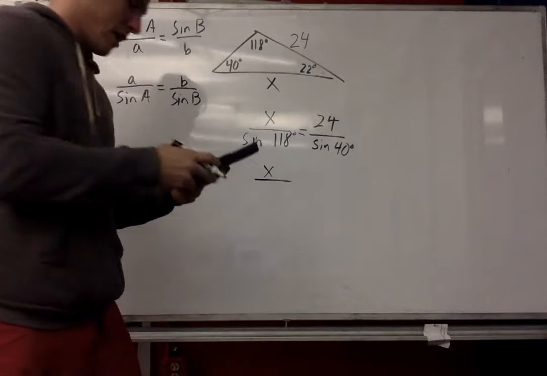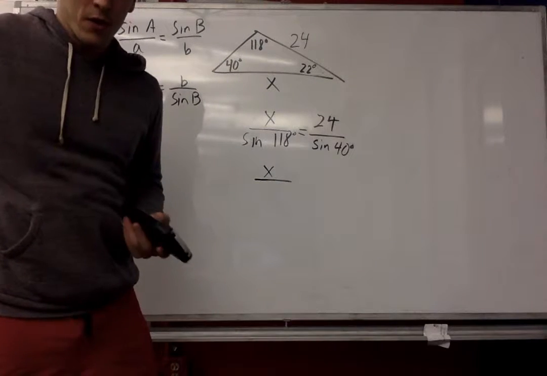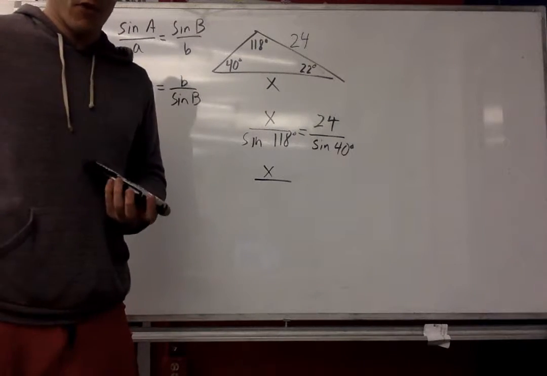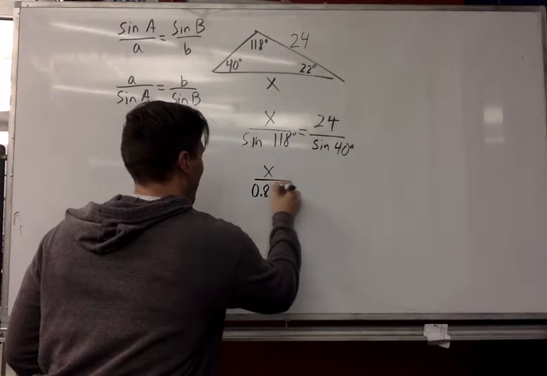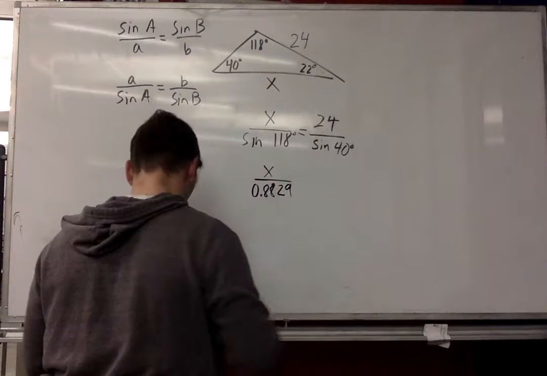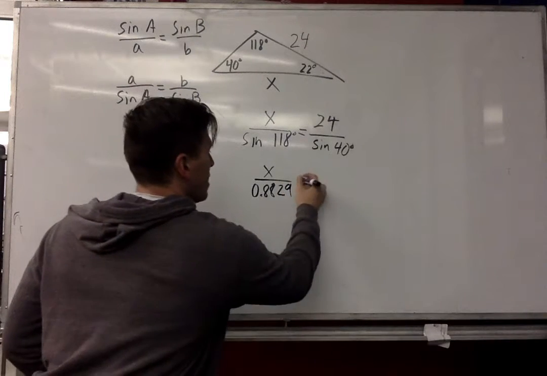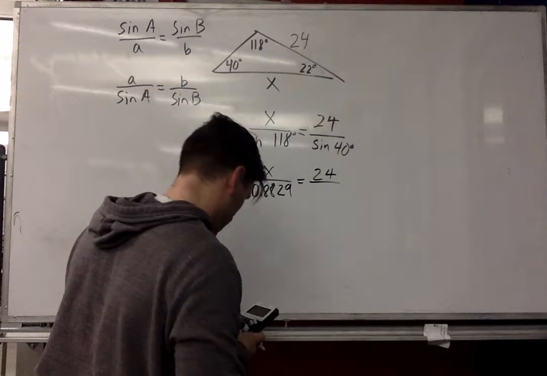X divided by, let me actually take that sine, 118. Make sure you're in degrees. Every error that I ever see from this comes from this, so you can check to see if you're in degrees right now by seeing if you get the same sine as I do. I got 0.8829, is equal to 24 divided by the sine of 40.